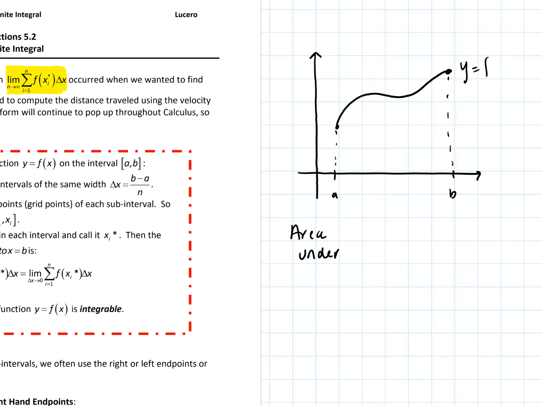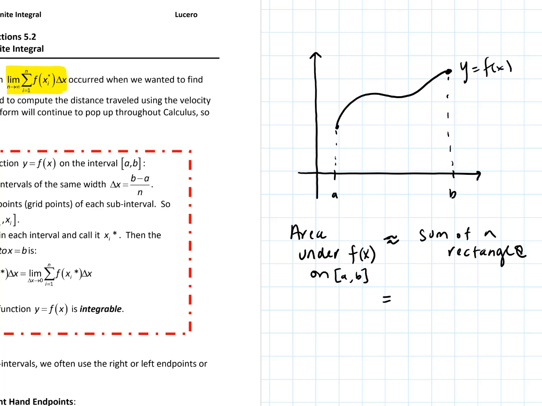This is y equals f of x. On the interval from a to b, what we did was we first approximated it by the sum of a bunch of rectangles, n rectangles.